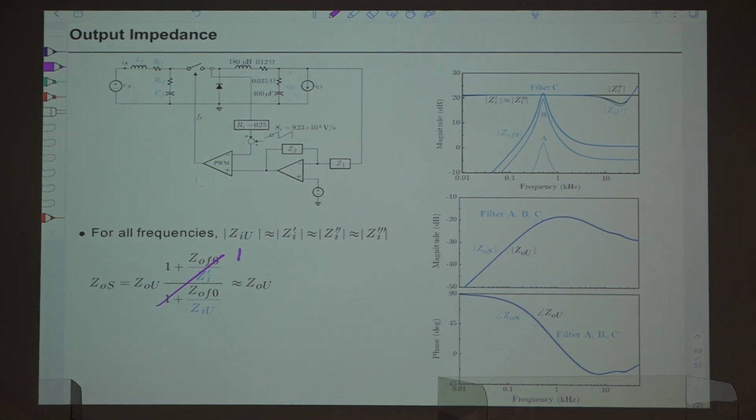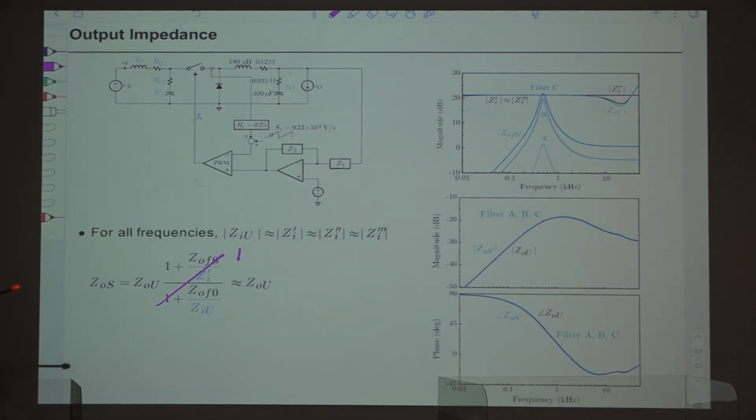That means the internal dynamics of this converter become unobservable at the output port of the converter. In control theory, there are the terms controllable, uncontrollable, and observable, unobservable. Unobservable means that at a certain point, the status of the internal dynamics is totally hidden at that point. That is the definition of unobservability.